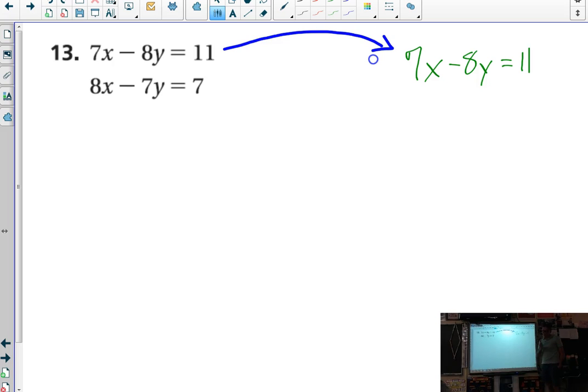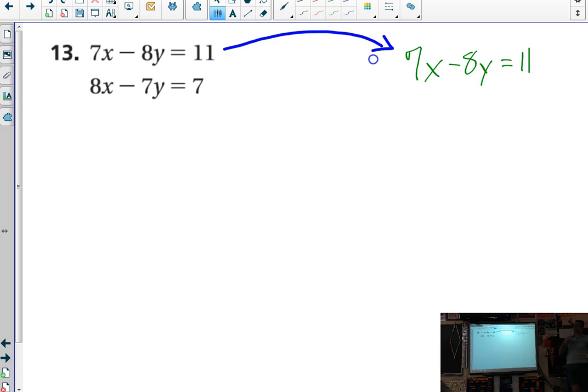Now, what's the point of our elimination method? What are we trying to do? What's our first step? So, Akash, I'm going to pick on you since you asked for this question. How do we eliminate?